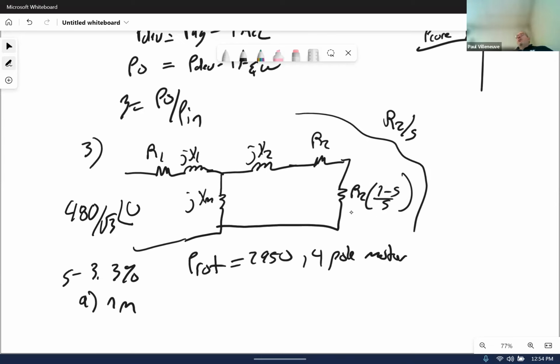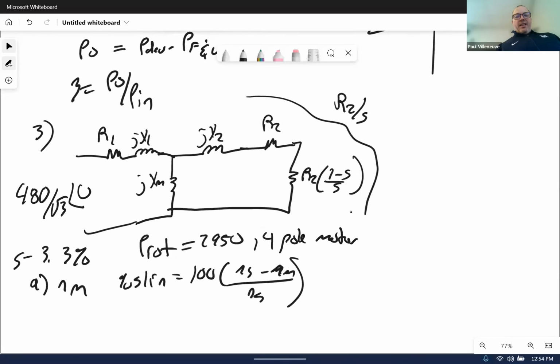So if you recall, my slip percentage was equal to 100 times (NS minus NM) over NS. And we also said that NS is equal to 120 times my frequency over the number of poles. You should be able to solve this equation for NM, right? I know it's 60 hertz.